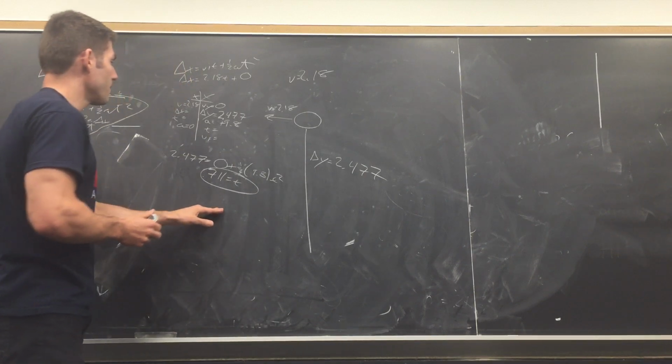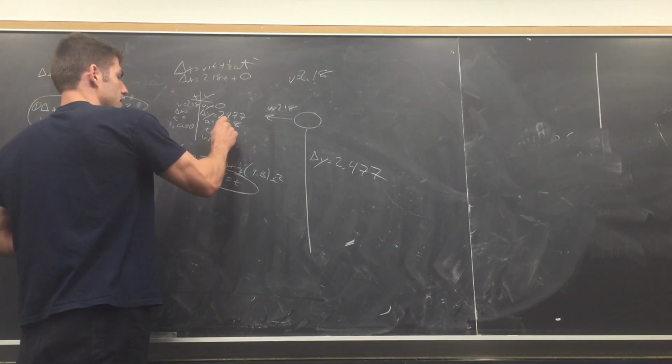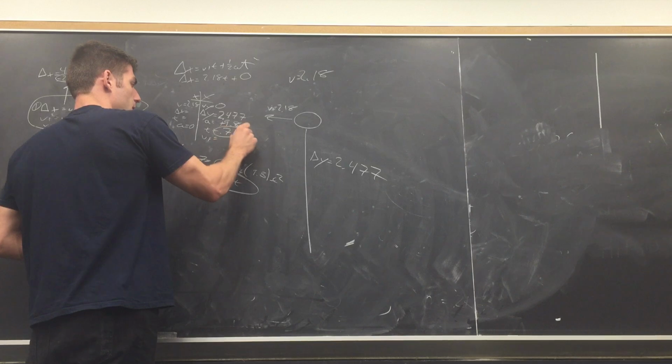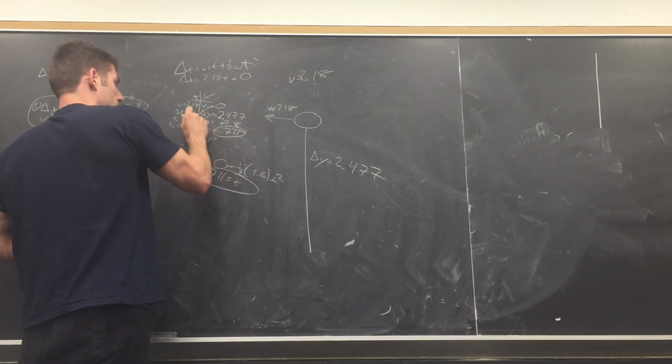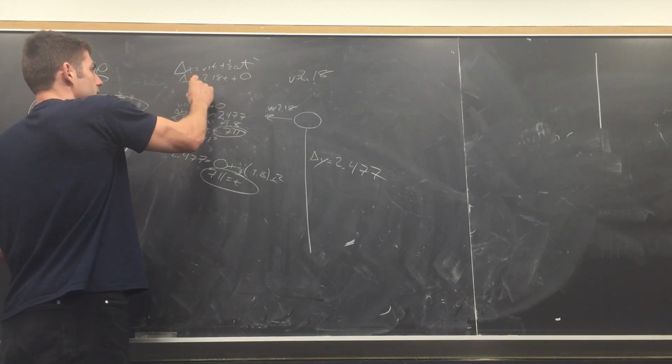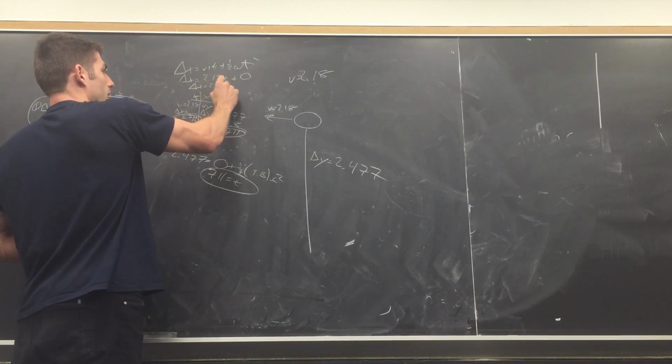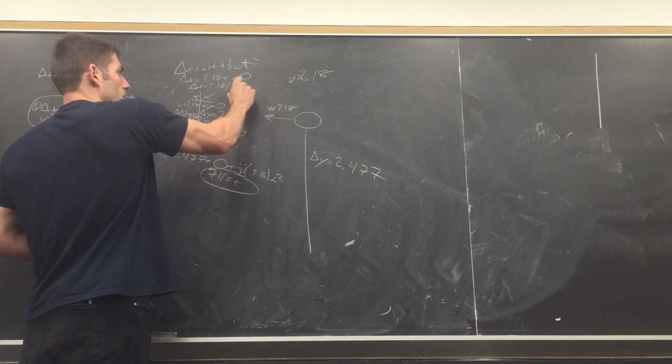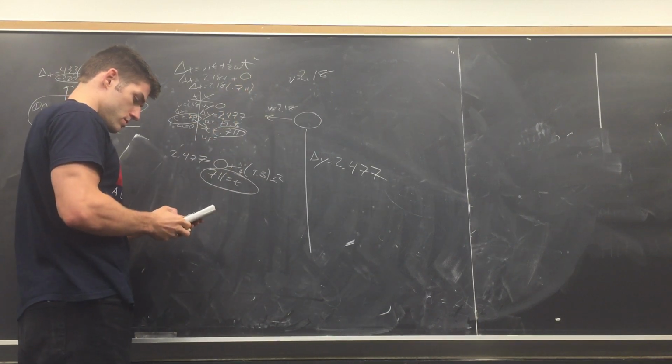Cool, so that's our time, which we're gonna plug in over here, because that's the only thing that we ever have in common, the x and the y component, 0.711. And now we can plug that in here. I know that delta x is equal to 2.18 times however long it was in the air, 0.711.